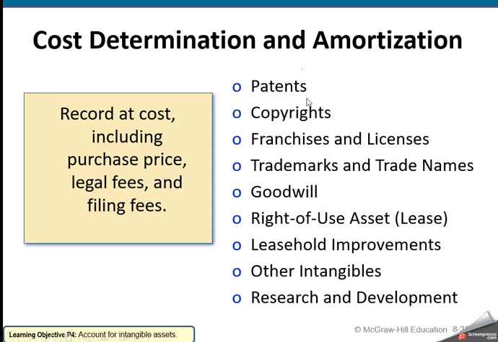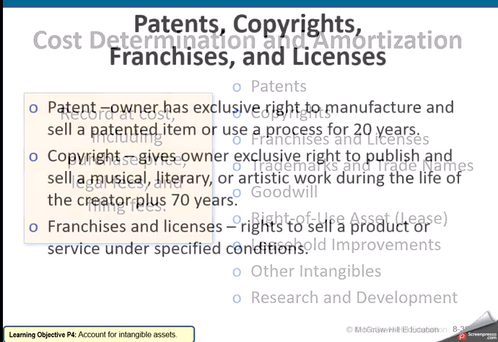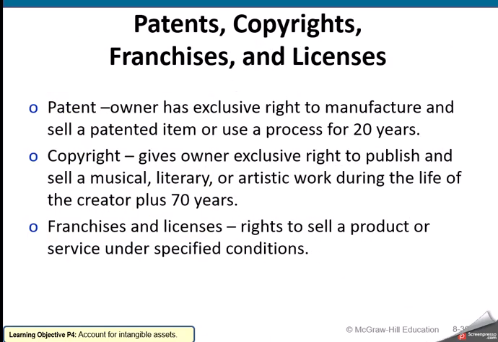Many of these you will talk about in your business law class, like patents, copyrights, franchise, trademarks. Goodwill is something you don't talk about in that, but goodwill is if you purchase another company and you pay more than the value of that company, you're recognizing that there's something intangible that you're paying for. So a patent is the exclusive right of the owner to manufacture a patented item or use that process for a specified period of time.